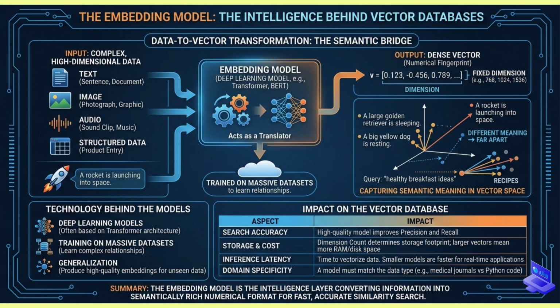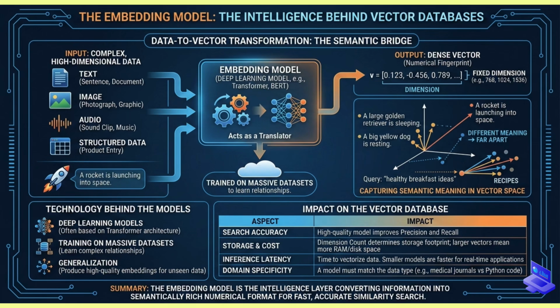Now let's talk about capturing the semantic meaning. This is the most critical function. The embedding model is trained in such a way that it places vectors with similar semantic meaning close to each other in the vector space, while vectors with different meanings are placed far apart.